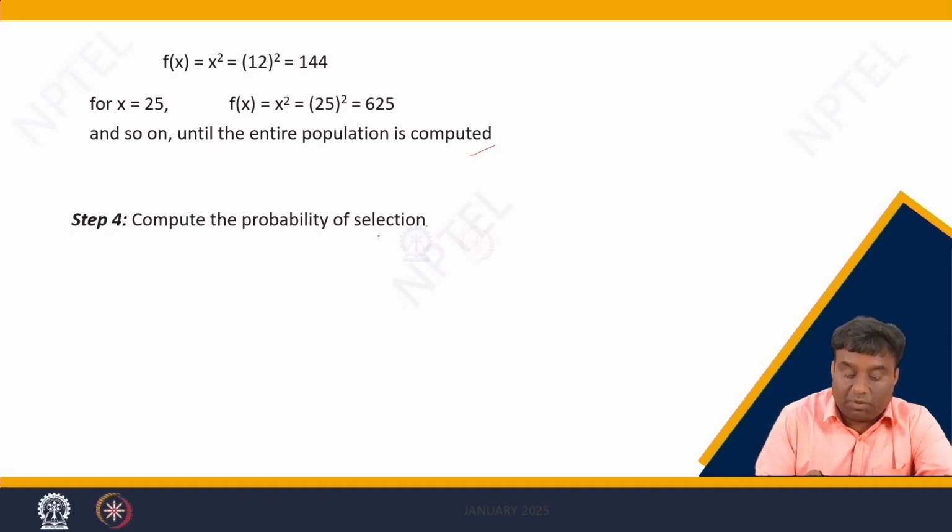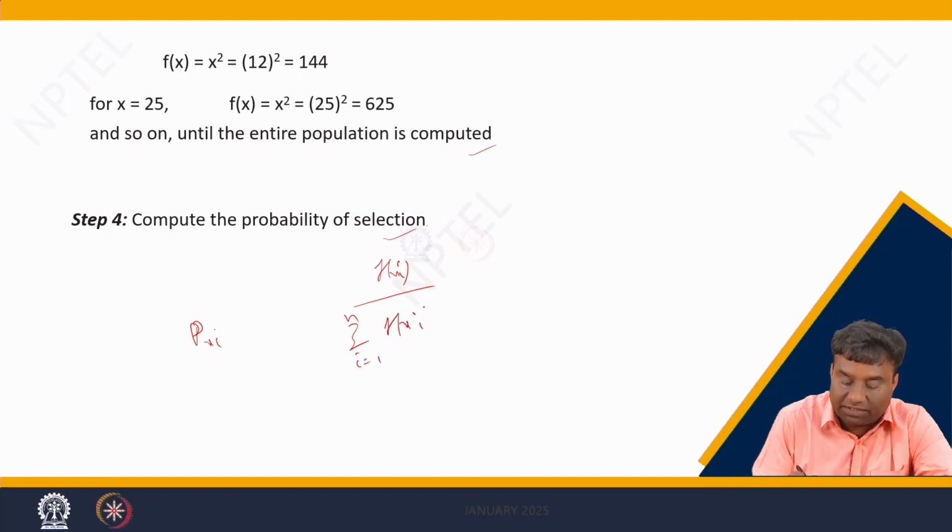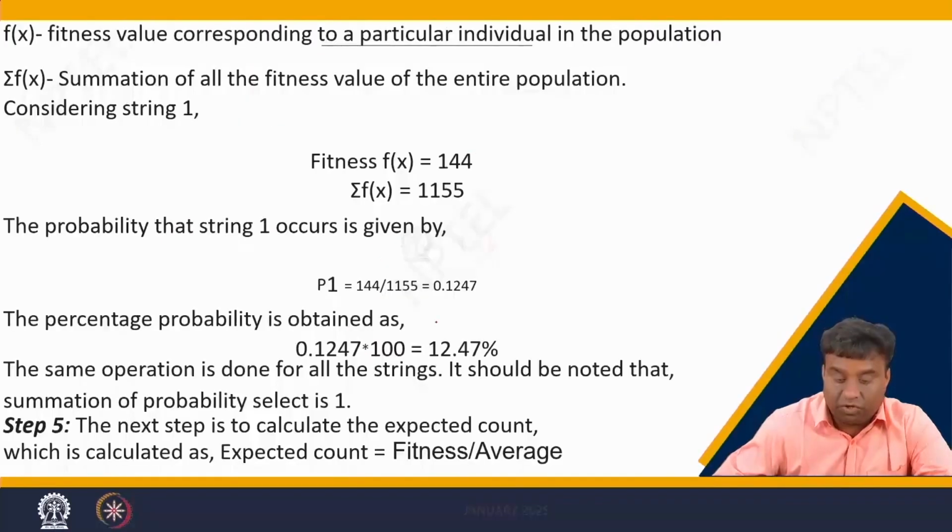Now compute the probability of selection. The probability of selection p(xi) is equal to f(xi) divided by the summation of f(xi), i equal to 1 to n. So here f(12) is 144, and the total is equal to 1155.